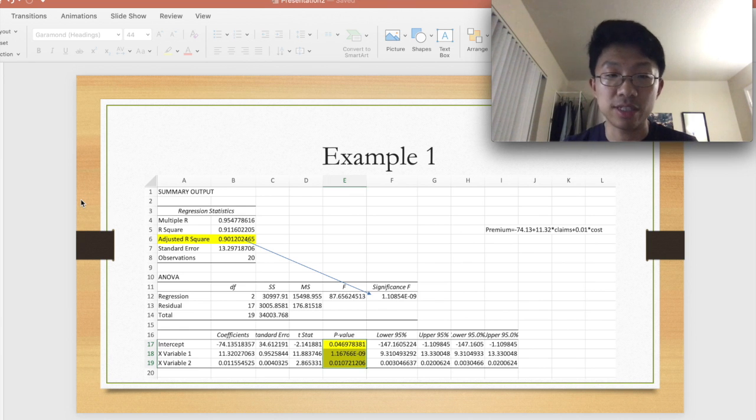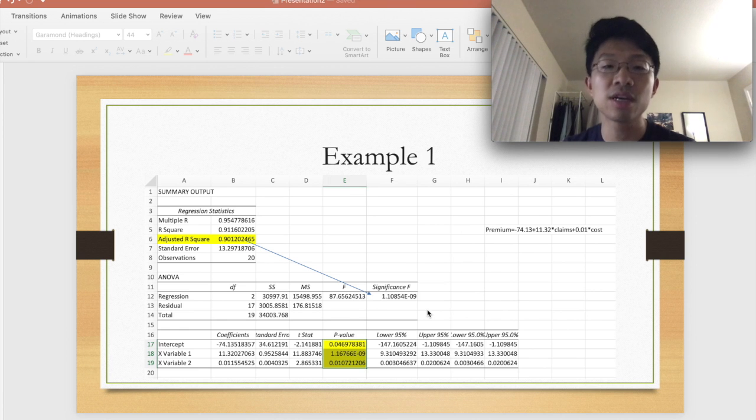In the chart, you can see that the F value is 87, but the more important one is the significance F. That's a very, very small number, even below the smallest p-value, which could be 0.001, which means the overall regression model explains the data very well.